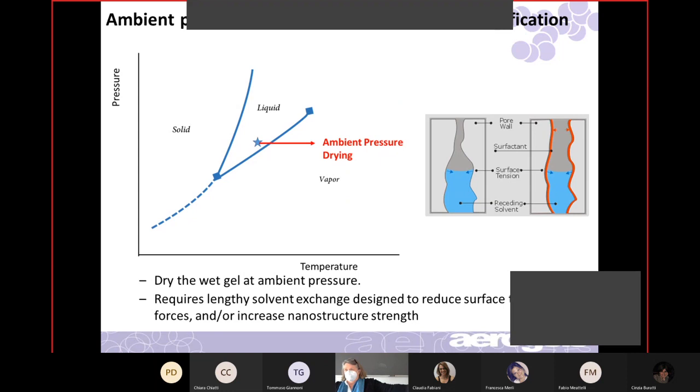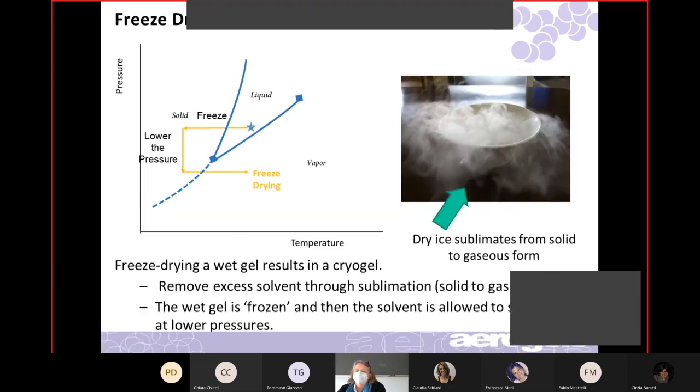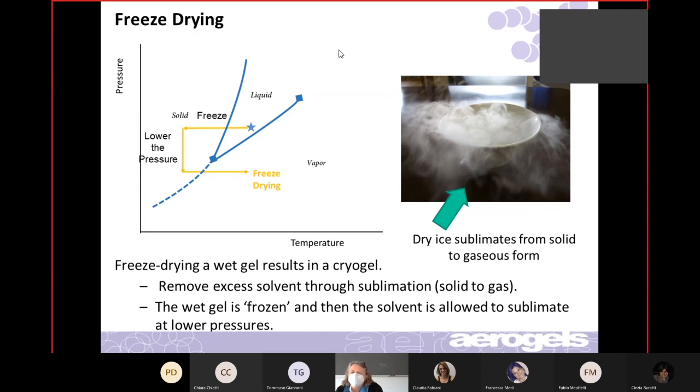Okay, I think this was where we left off. Now I'm going to talk about freeze drying, which is another method to go around and avoid crossing this line. Another question: I want to clarify another thing.